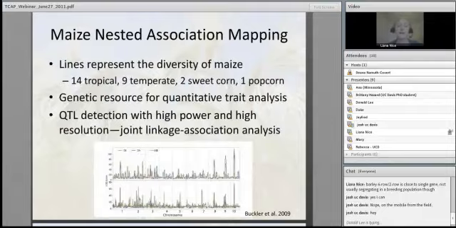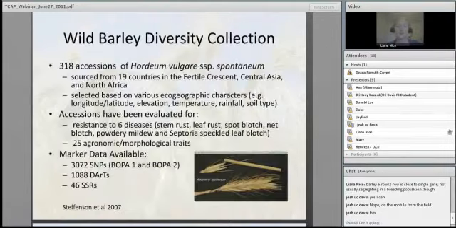And these lines have been selected to represent the diversity of maize. And this population is being used as a genetic resource for quantitative trait analysis and QTL detection with high power and high resolution in this joint linkage association analysis process.